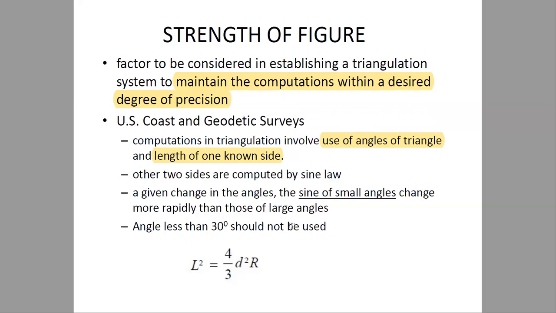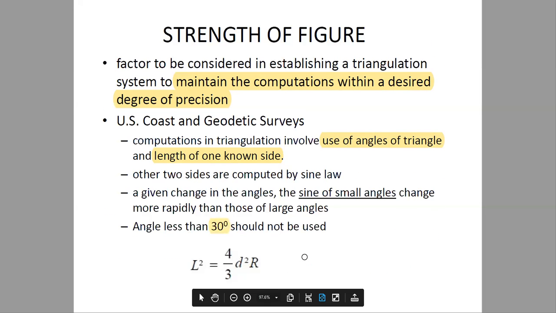For smaller values, it has more fluctuations in the values as compared to larger values. Therefore, if there is some error in angle measurement when the angle is small, then that can cause more fluctuations in the determination of the length of a side using sine law. Therefore we will not prefer angles less than 30 degree.